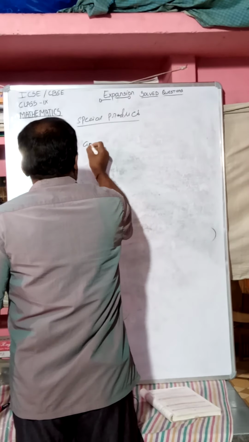This is one important formula: (a + b + c) whole into (a² + b² + c² − ab − bc − ca) is equal to a³ + b³ + c³ − 3abc.